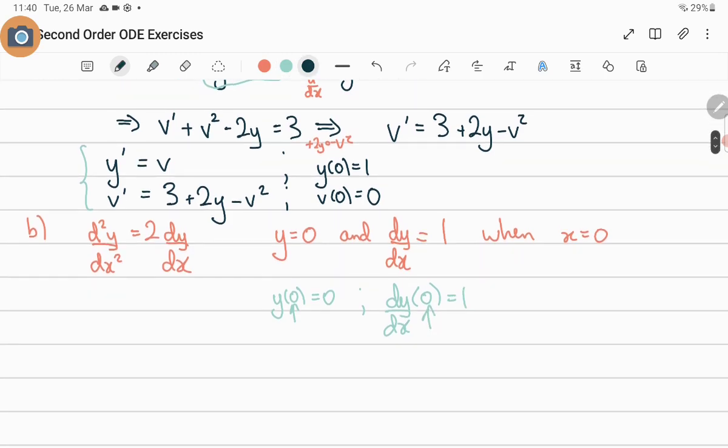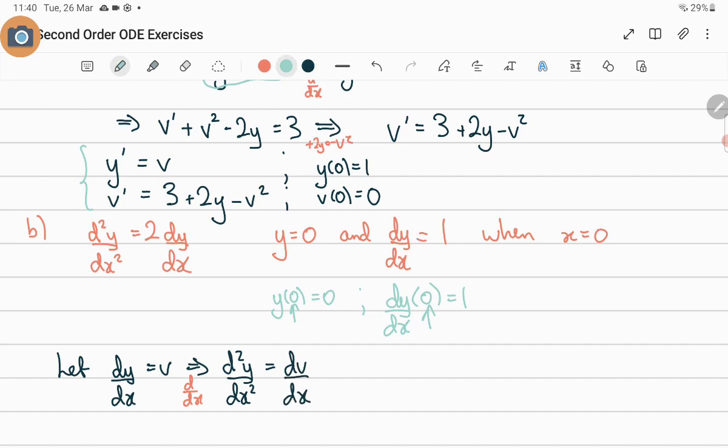Okay, so as before, what you do is you let the first derivative be v, now differentiate both sides with respect to x. And here we've got the second derivative of y. If you differentiate the first derivative, you get the second derivative is equal to dv dx.